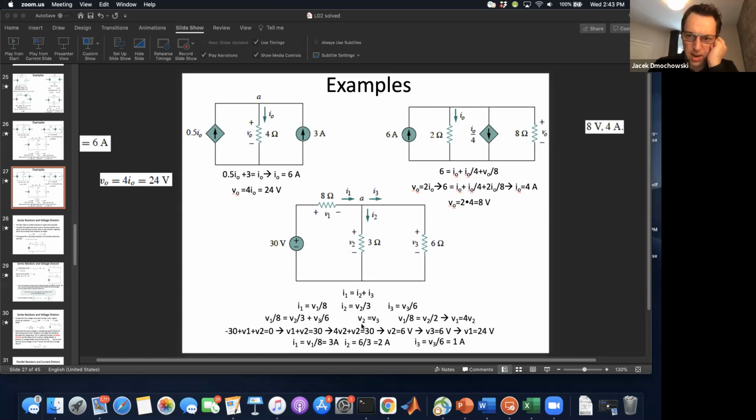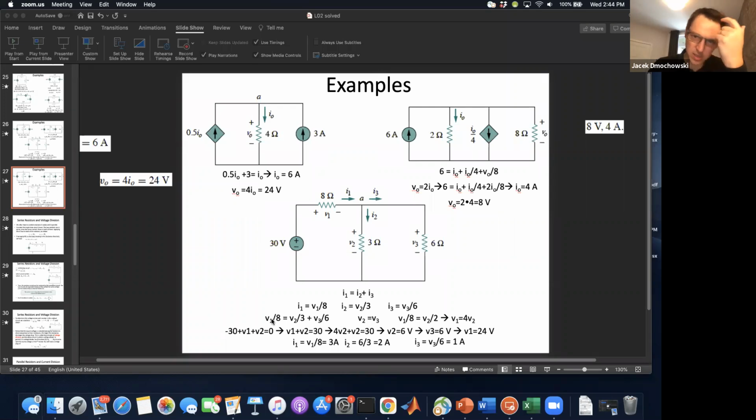And so the step that I think you're confused on is that we can also equate V2 to V3. V2 and V3 are guaranteed to be equal because they're in parallel, right? V2 and V3 have the same connections, and therefore they are guaranteed to be equal. And so then I simply substitute V2 for V3 over here.